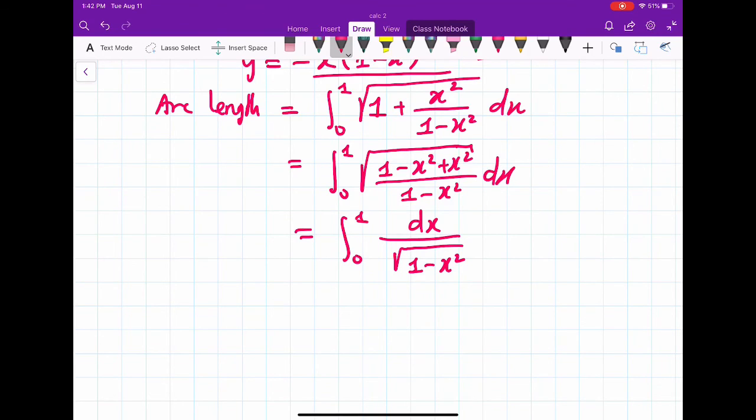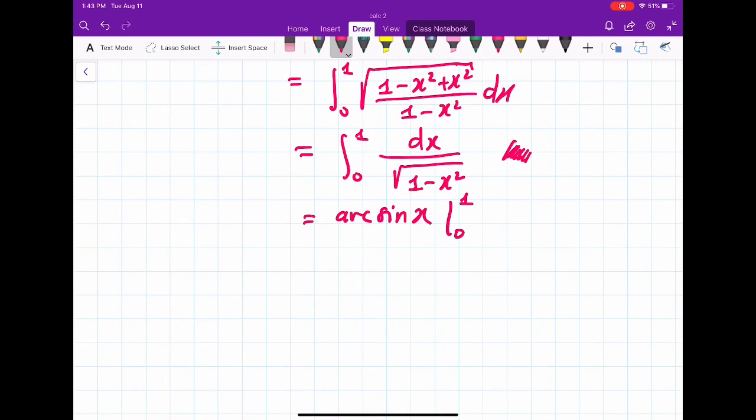That is a cosine. No, arc sine, sorry. So we have arc sine of x evaluated from 0 to 1. Given that the integral is improper because the integrand function is not defined at 1, right? But we know the antiderivative, so you just need to consider this.